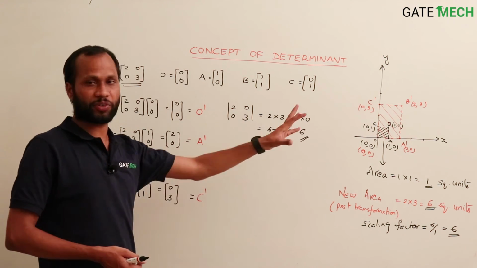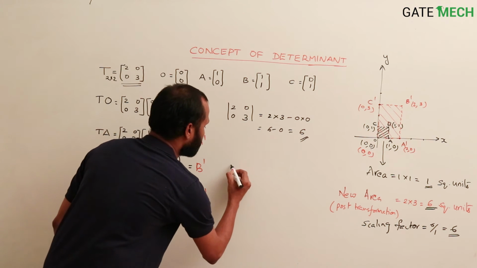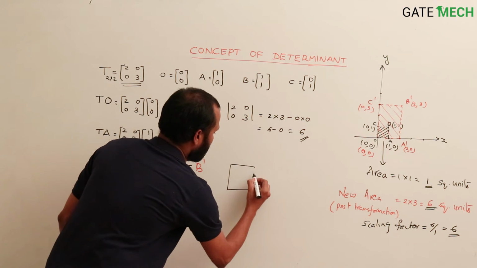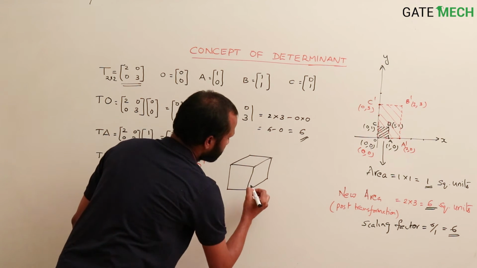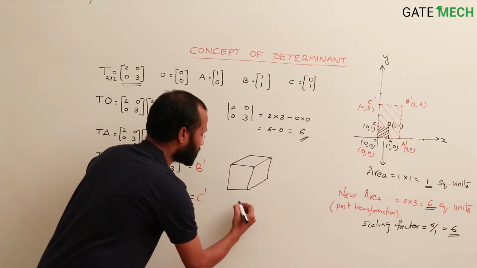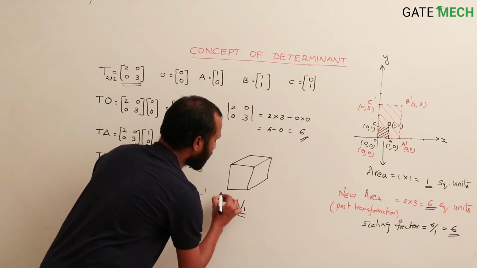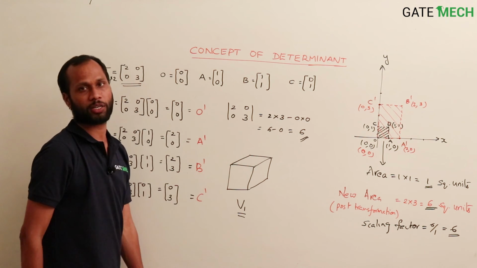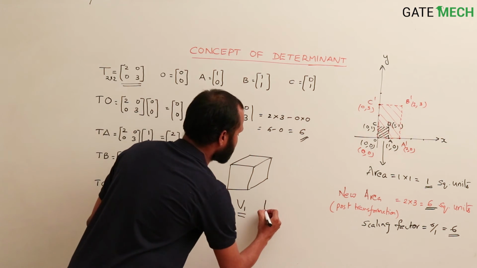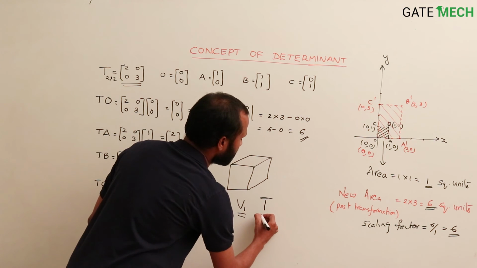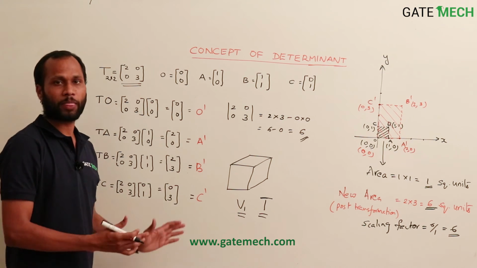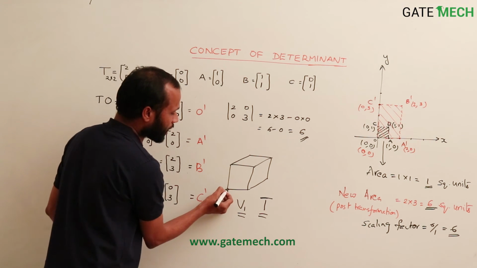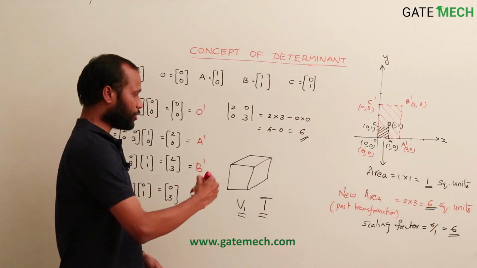For example, in terms of a 3D space, suppose one cube was formed using some 8 points. This is a cube earlier. Suppose the initial volume was V1, with all points 0, A, B, C, all points are there. You have applied the transformation T, meaning you have multiplied T with each point. After multiplication, each point has been transformed into a new point.